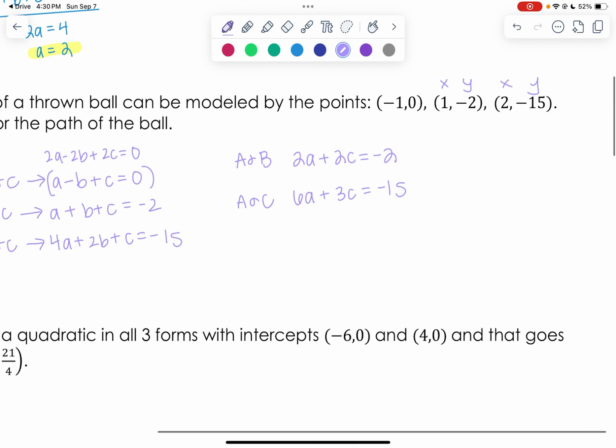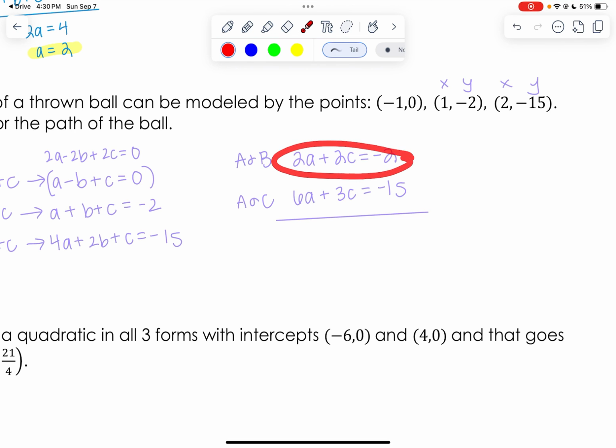Okay? And then I'm going to solve this one by elimination again. I'm going to multiply the top one by negative 3, and then I'll have 6 a's. That's just less multiplying instead of trying to eliminate c. So I'm going to multiply this top one by negative 3, and that's going to give me negative 6a minus 6c.